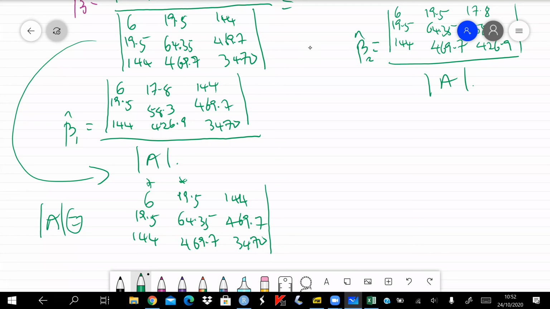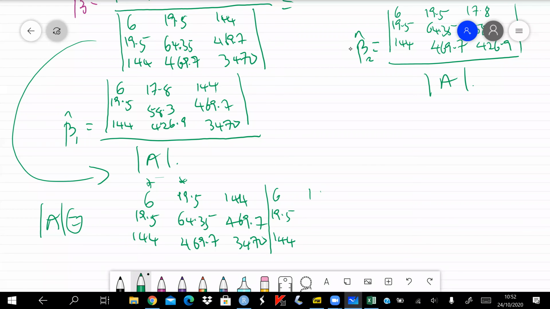So you copy these two, you paste them here. So you have 6, 19.5, and this is 144. Let me remove some of these things so that they don't confuse me. So I have the first two columns down here, alongside here. So you have 6, then 19.5, then you have 144.